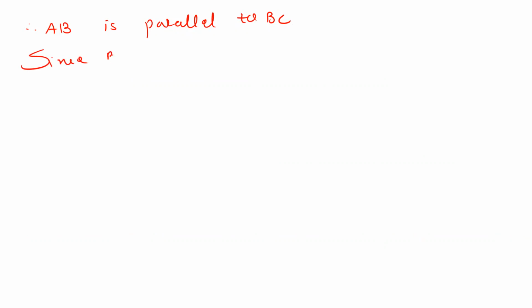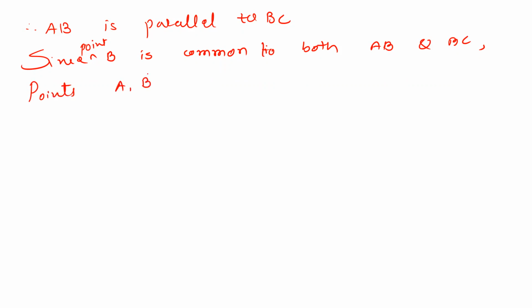Since point B is common to both AB and BC, points A, B, and C are collinear.